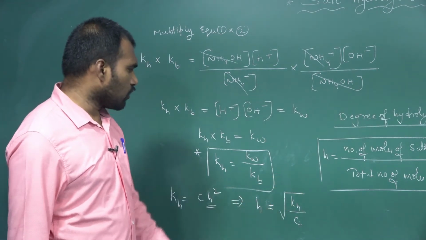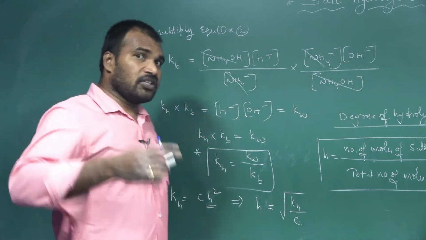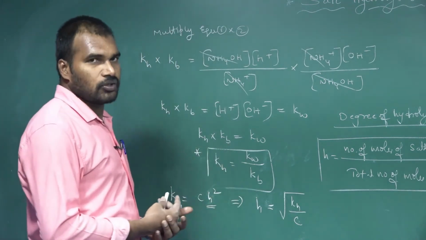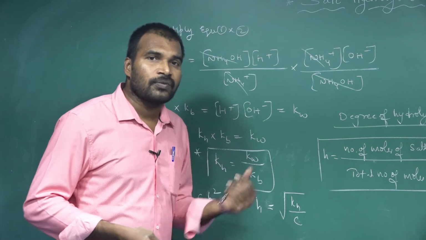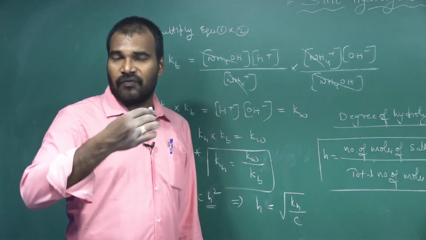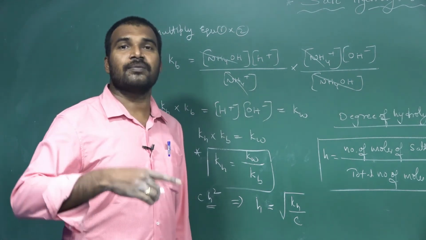And one more formula in ionization of weak electrolytes, H plus concentration or OH minus concentration. Here into the solution, which ions are liberating? H plus ions are liberating. If they furnish H plus ions into the solution, pH value is less than 7, and the solution becomes acidic.